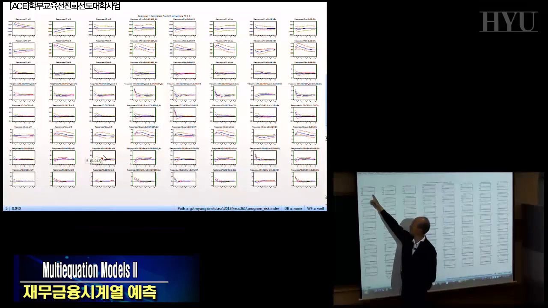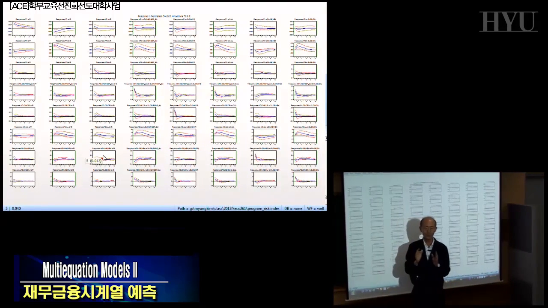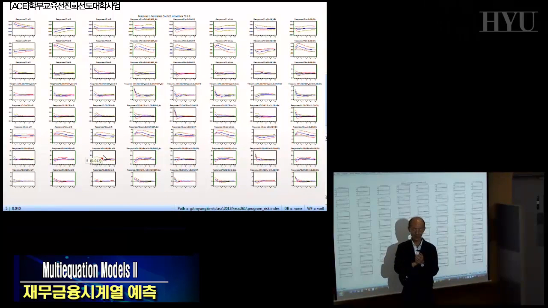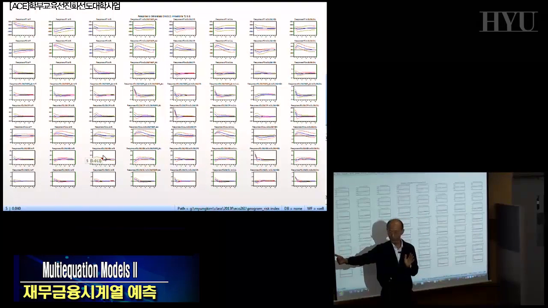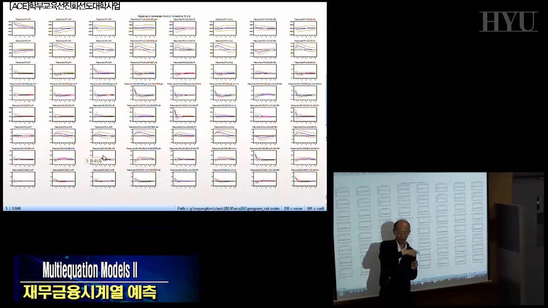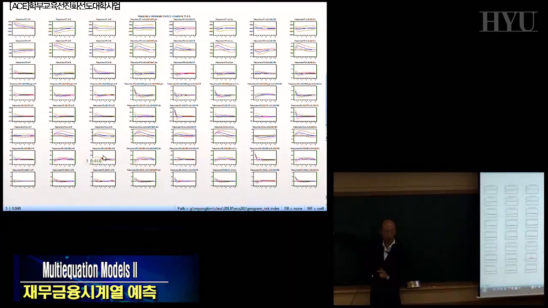And what this graph means is, suppose there is a shock to the first variable. Then, because we have a vector autoregressive structure, it will affect future values, right? If there is a shock today, then it will affect future values, right?